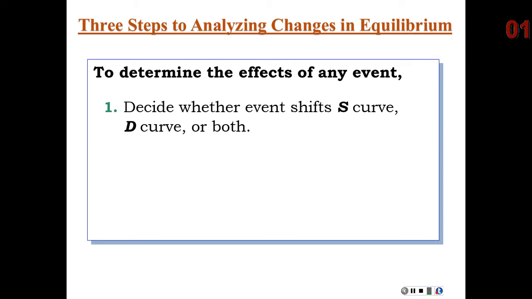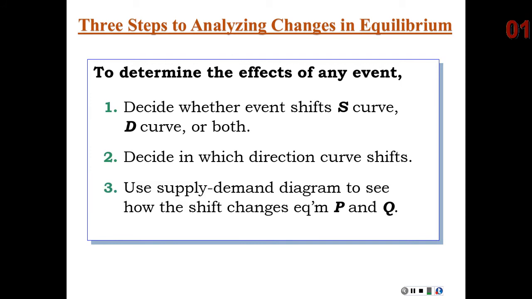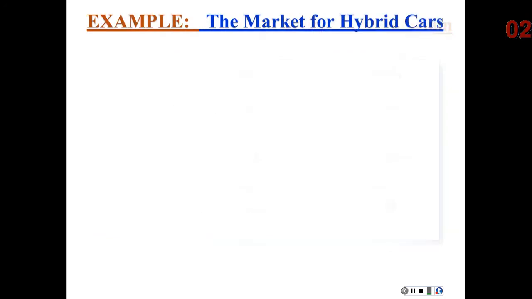In many of our examples, it will only be one of them, but in some it will be both. Step two, decide in which direction the curve shifts. Does it increase demand? Then it will shift it to the right. Does it decrease demand? Then it will shift it to the left, and so on. And then step three, use your supply and demand diagram to see how the shift affects and changes the equilibrium price and quantity.